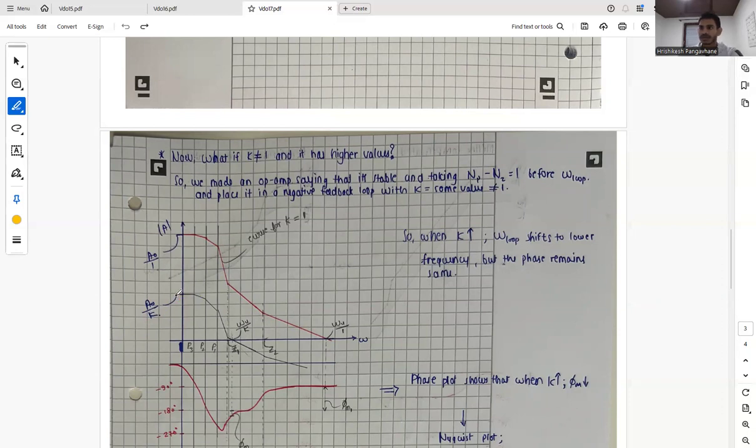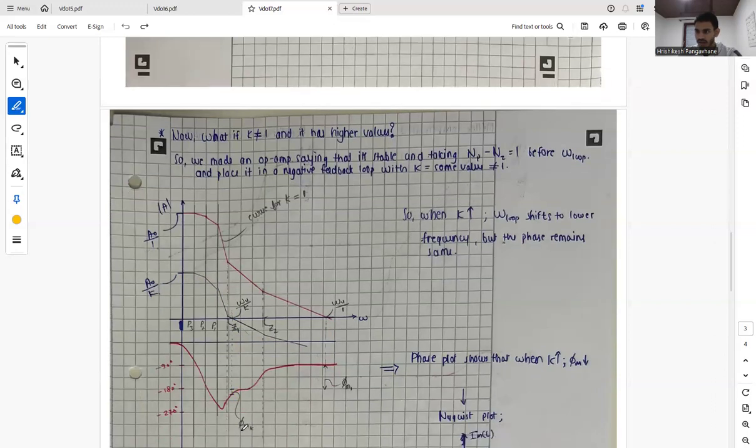So it is basically this curve, where we can see that it is hitting the 0 dB axis at a lower frequency as compared to the curve which had k equal to 1. So we were looking at the phase margin over here, now we have to look at the phase margin over here, and we can see that the phase margin is negative.